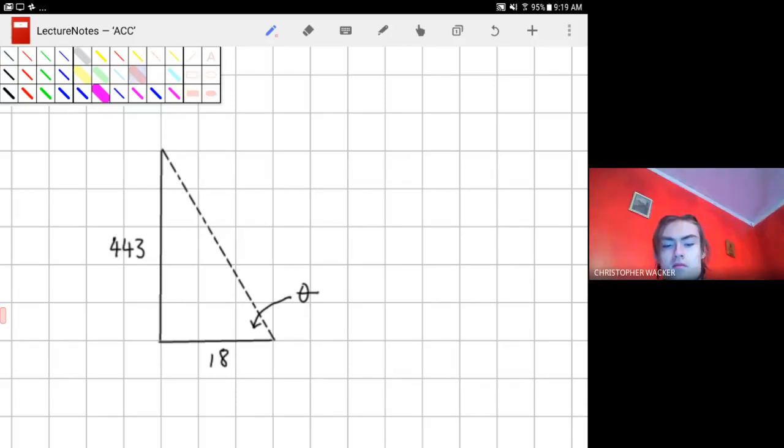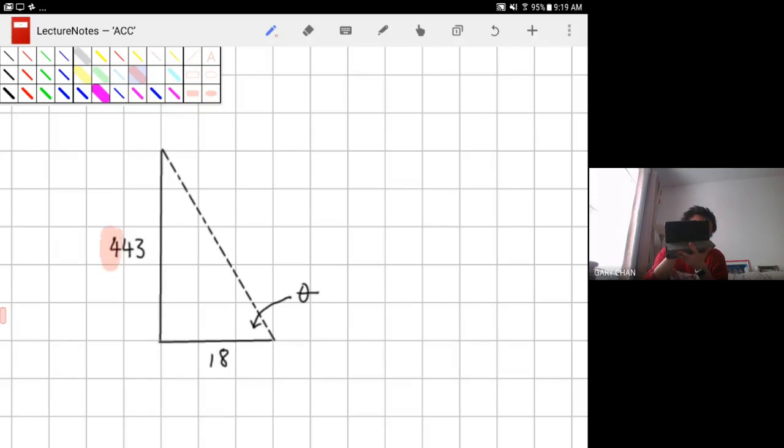Chris, can you do me a favor? 443, is this side here facing angle theta, or is it next to angle theta?